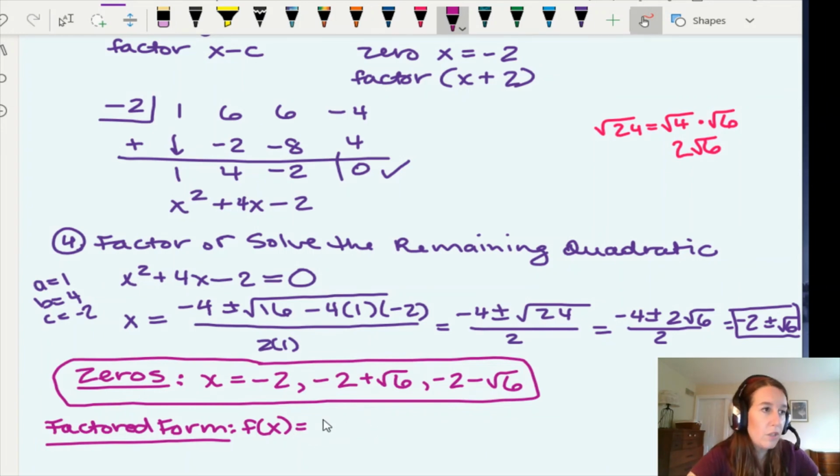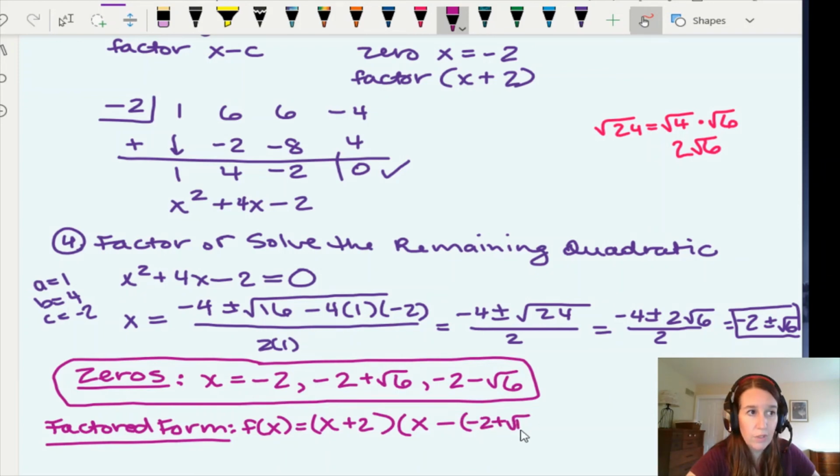Okay, so that would be, in this case, x minus -2, so in other words, x plus 2 times, and then we're going to keep and use these zeros as well. So that's x minus, and then you can just use parentheses, -2 plus root 6, and x minus, parentheses, -2 minus root 6. This is a fine answer if you're not fond of all these parentheses, right, because you're subtracting each zero. Then you could simplify this.